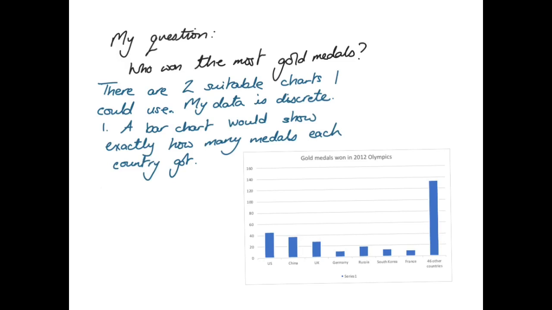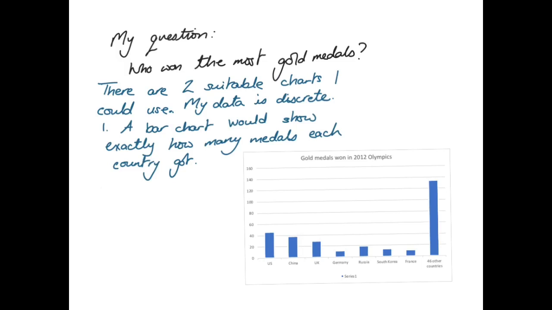So there are 2 suitable charts I could use because I've got discrete data. It's countable. You don't win half a gold medal. So the first one was a bar chart, where I could show exactly how many medals each country got. As you'll notice, though, it doesn't show it exactly on my chart because the lines go up in 20s.